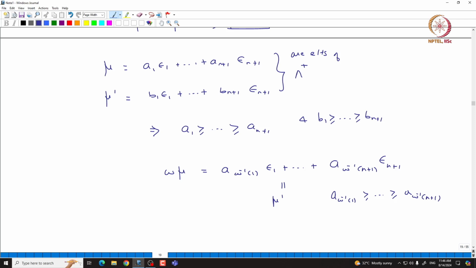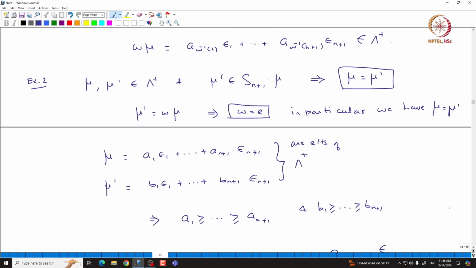Then this w can be taken to be any element of S_{n+1} and it acts on that trivially. Okay. So, it fixes that, so that you are still going to get the permutation of that, which satisfies this property. So, to avoid that triviality, maybe I will not claim this w being identity.